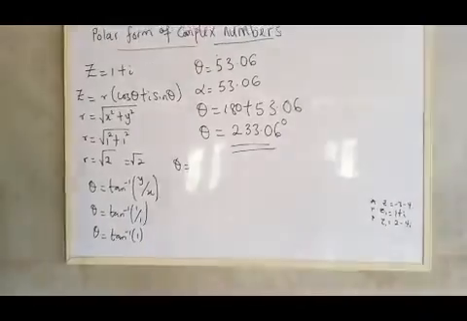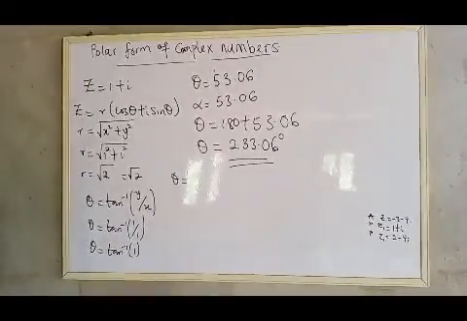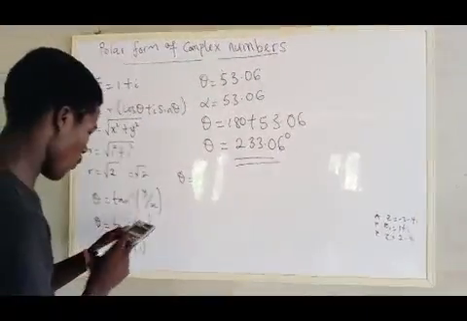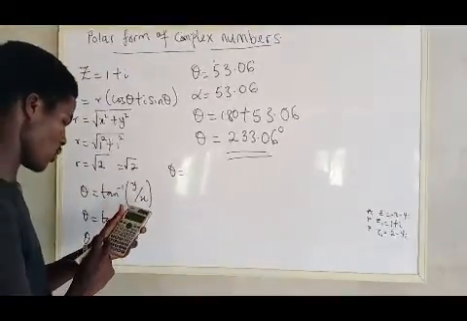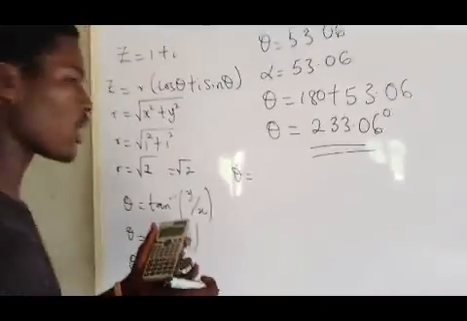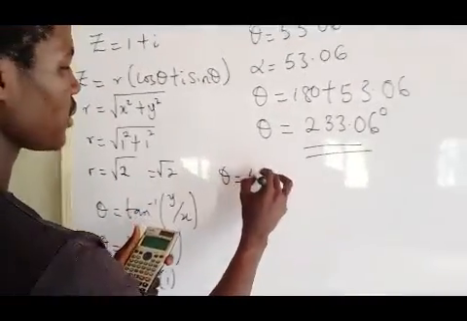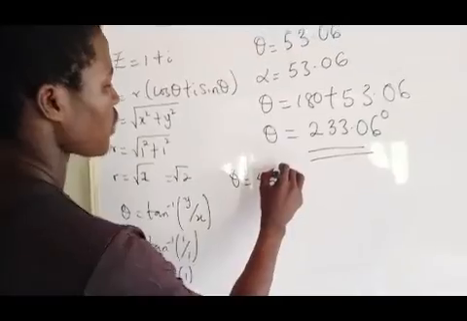So let's use our calculator to get the tan inverse of 1. You use your shift and tan of 1. That will give us 45 degrees.